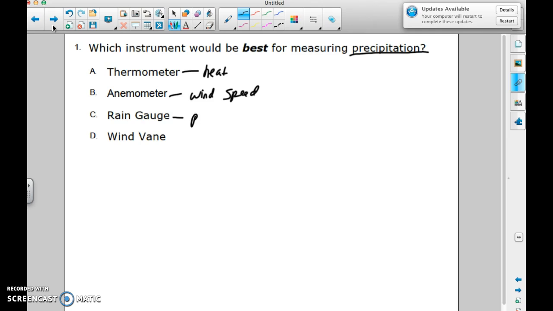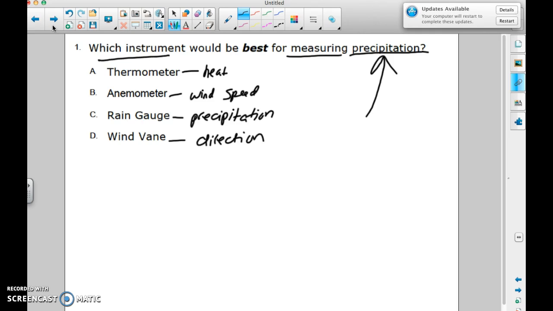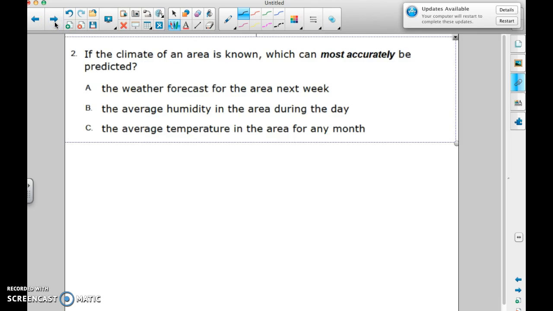Rain gauge measures precipitation. Thank goodness some cool teacher told me about that. And a wind vane measures the direction of the wind. I look back up here. Which instrument measures precipitation? Without a doubt, my answer is rain gauge. It's very simple. I want you to take a moment, pause the video, and work this one out.